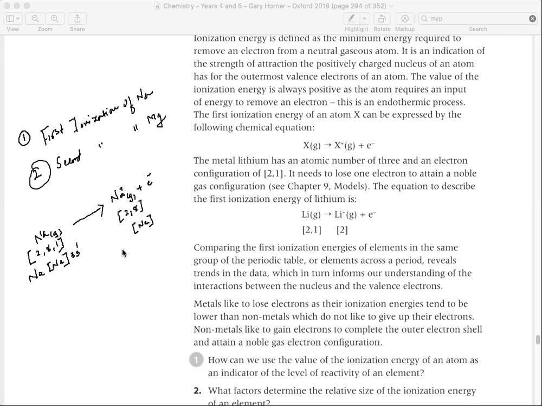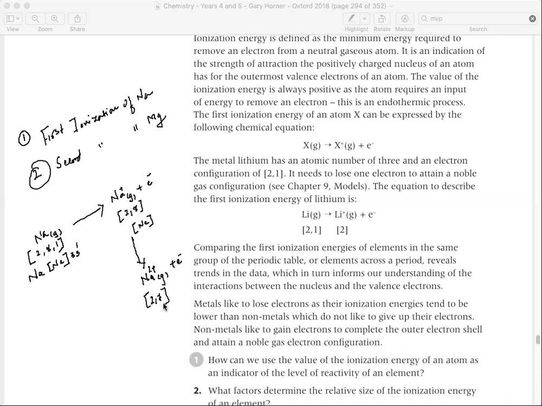For example, if I remove a second electron from the sodium ion and form Na2+ ion, which is 2,7, obviously it requires more energy.